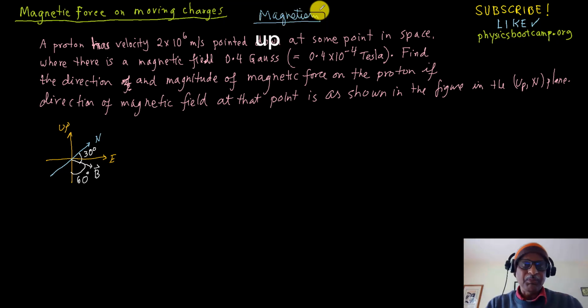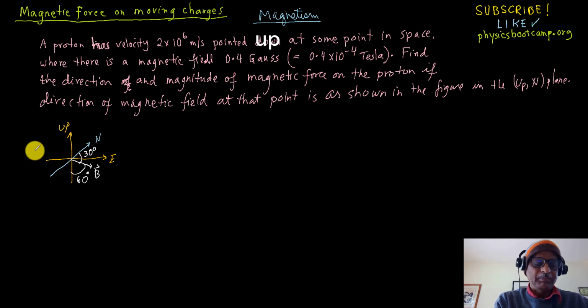So we can start from a very simple thing. This picture is some point in space. Over here, there's a proton at this point, moving up, and it's given the speed.